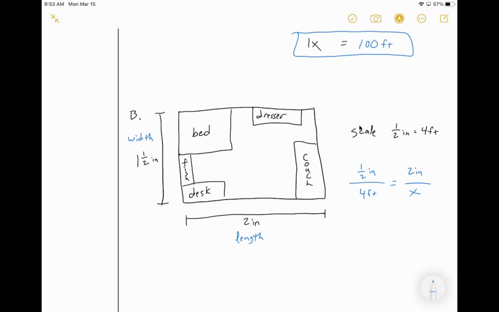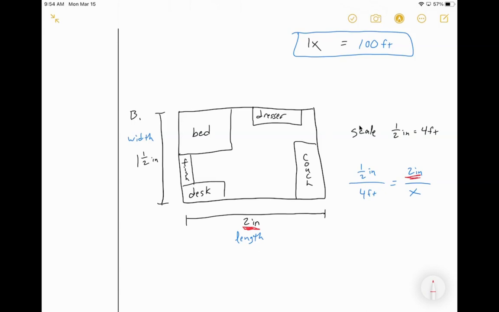I don't know what that is. Again, where did I get that 2 from? I got the 2 from right here. 2 inches.